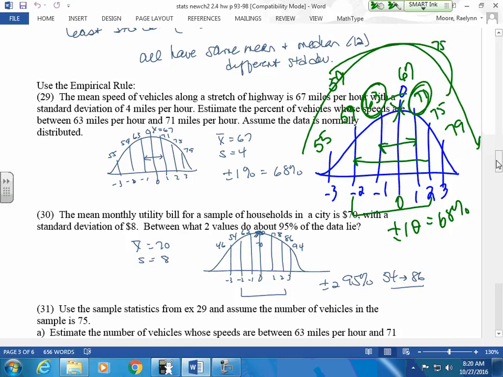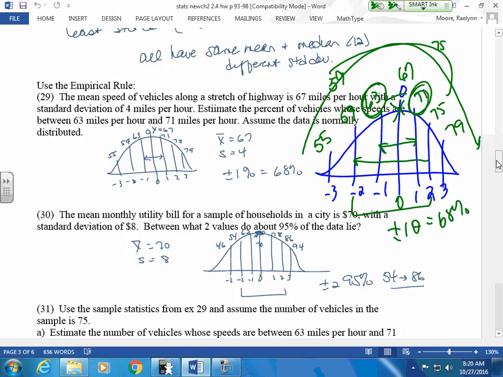That tells me 95% of my vehicles will be between 59 and 75 miles per hour. So if I'm sitting on the road estimating, I would find 95% of my vehicles going between those 2 speeds. This is a good forecasting tool.